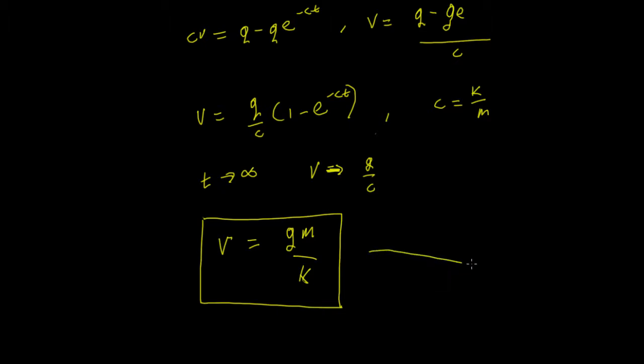Okay, so that's the final one that we're looking for. But we're working under the assumption that the retarding force is directly proportional to the velocity, which might not be the case, but it's good enough for us to have a little stab at looking at the terminal velocity. Okay, so thank you for listening and goodbye.